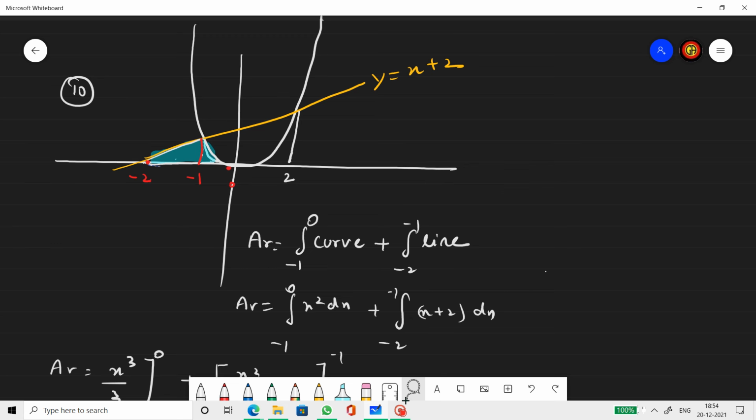So here this is the area where one side is the x-axis, the other side is the line segment, and the third side is the arc of the parabola.